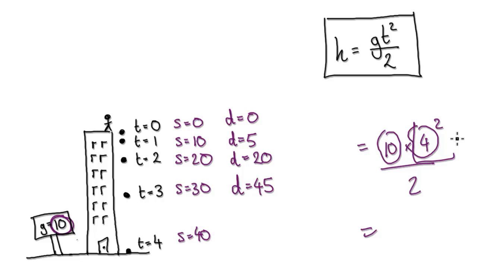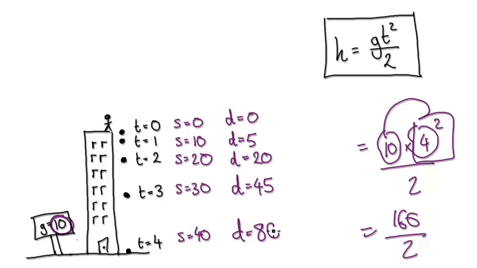So this thing here would be 16. 16 times 10 is 160, and then divided by 2, so that would be 80. So when time equals 4, the distance traveled would be 80 meters. So this distance here is 80 meters. It turns out to be the height of the building. So you could say the height of the building is 80 meters.